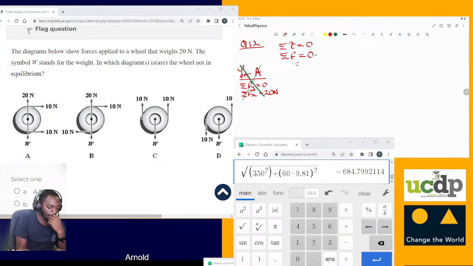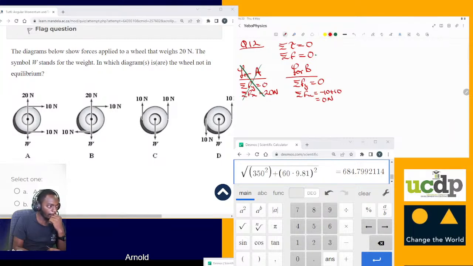Okay, then for B, summation of forces in the y direction, 20 up, 20 down, so it's going to add up to 0. Then summation of forces in the x, all right, so we've got minus 10 plus 10, so it should add to 0 newtons.